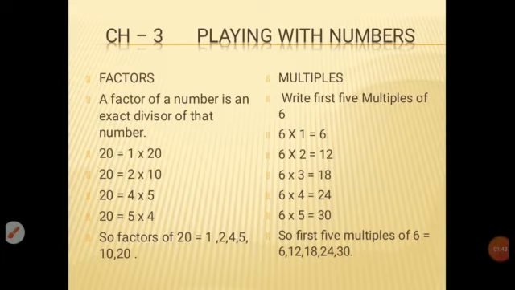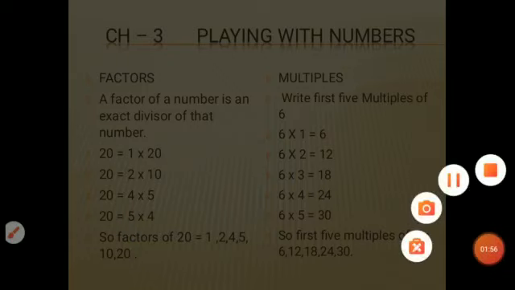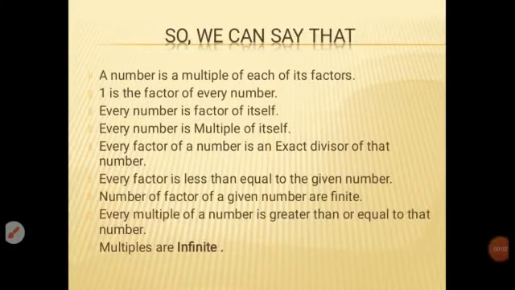So we can say some points about factors and multiples. Let us now see some interesting facts about factors and multiples. A number is a multiple of each of its factors. 1 is a factor of every number.